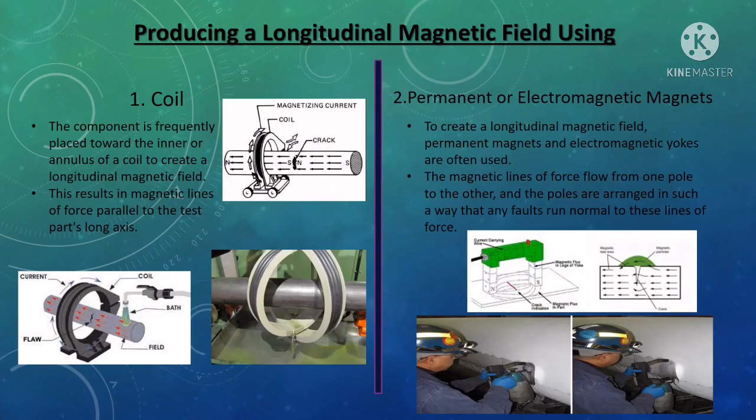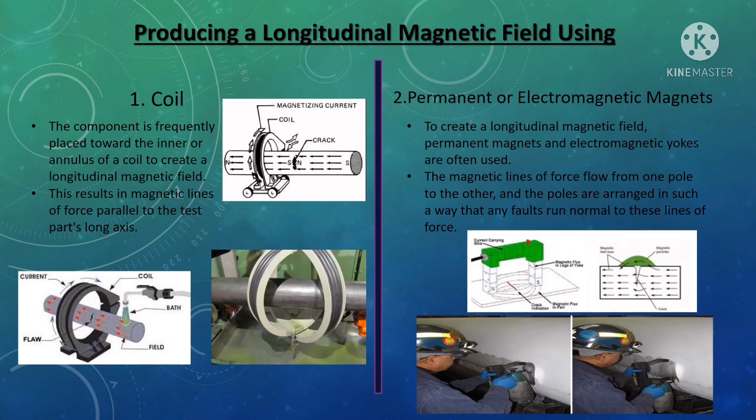I'm Muhammad Khadi. Producing a longitudinal magnetic field uses two methods. The first method is the coil and the second one is the electromagnet. In the coil, the component is placed toward the inner annulus of the coil to create a longitudinal magnetic field. This results in magnetic lines of force parallel to the test part along its axis, as you can see in the image.